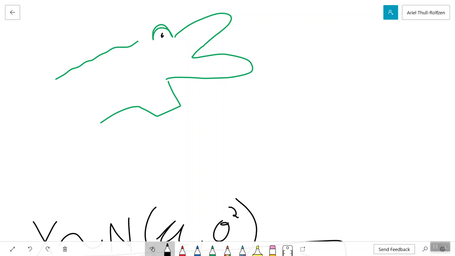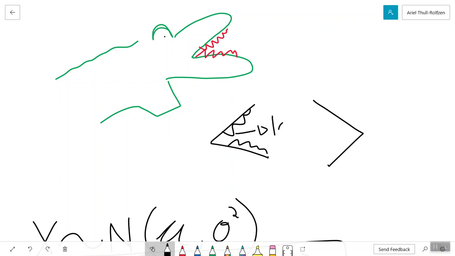We're going to draw some teeth on this bad boy. When you're using these signs, the greater than or less than symbols, the mouth of the alligator is always going to be opening towards the larger.